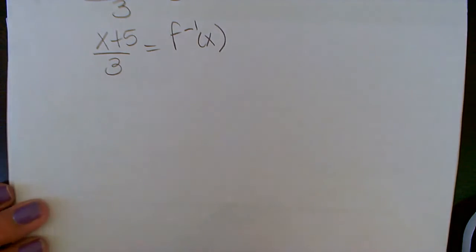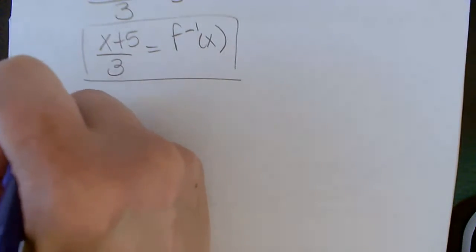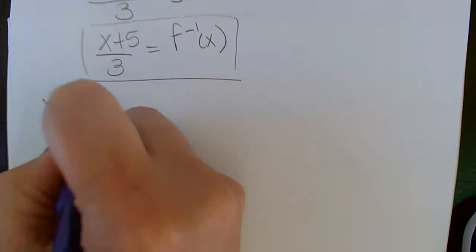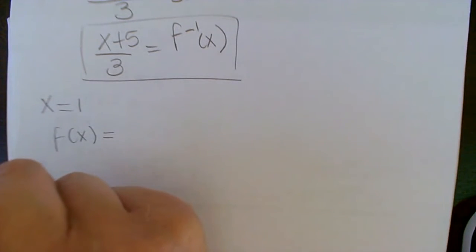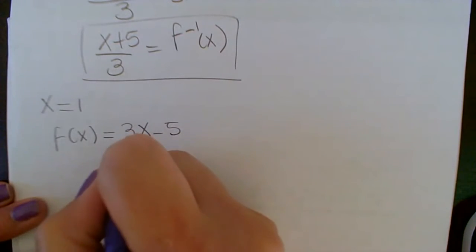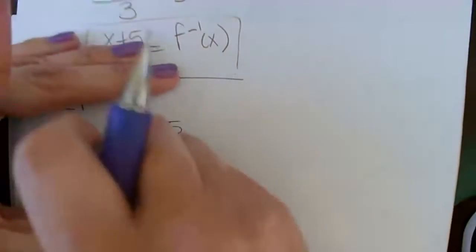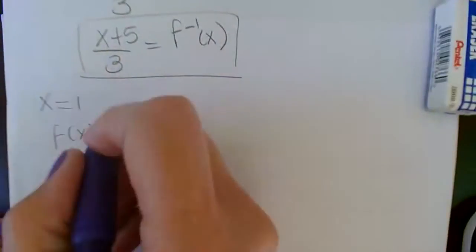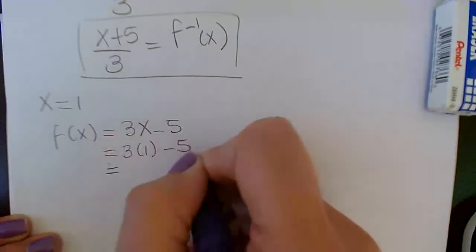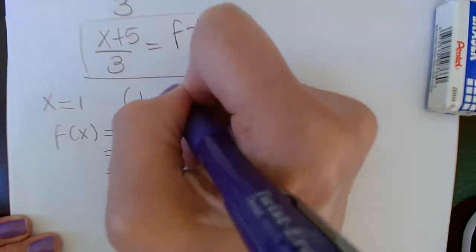So now, let's say that x is equal to 1. So when x is equal to 1, f of x, which is 3x minus 5, is going to be 3 minus 5, which is negative 2. So it's going to be 1 comma negative 2.